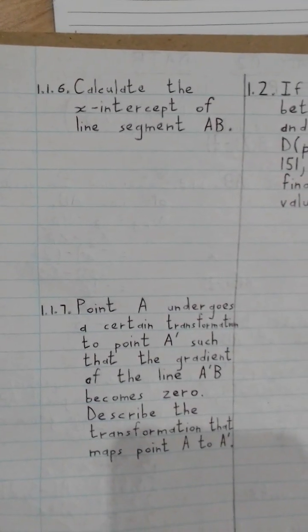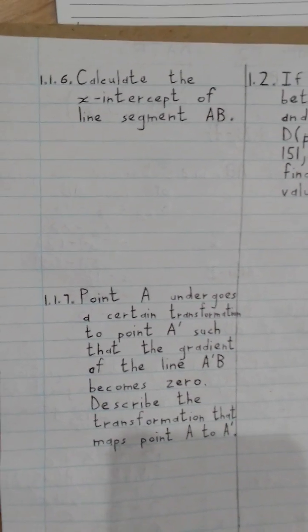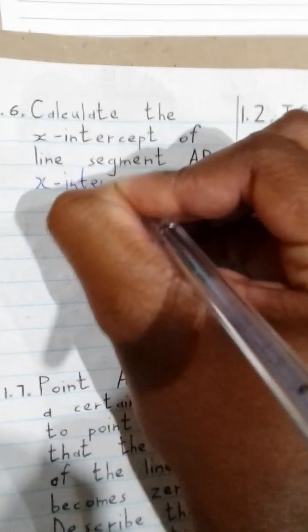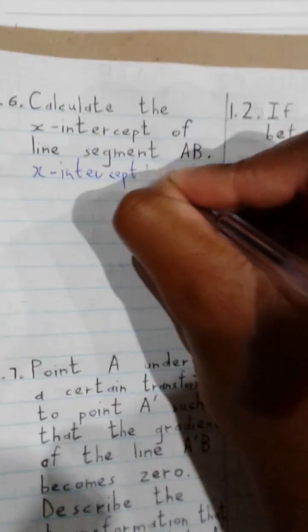1.1.6 states, calculate the x-intercept of line segment AB. Here we have to calculate the x-intercept, so y is 0.